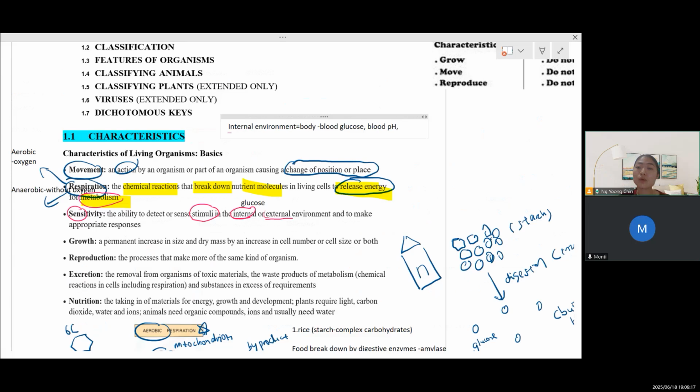It cannot be too low or too high, meaning it cannot be too acidic or alkaline. Your blood pH, for information, is slightly alkaline, about pH 7.2 to 7.35. It cannot drop below that or go higher than that. So this is called the internal environment.